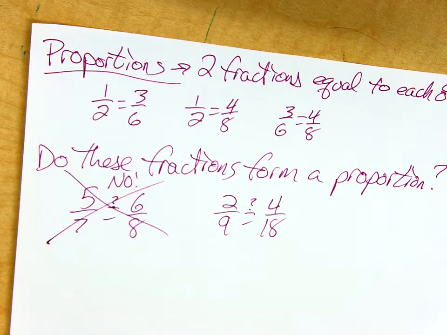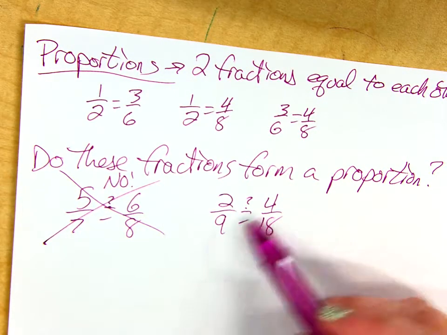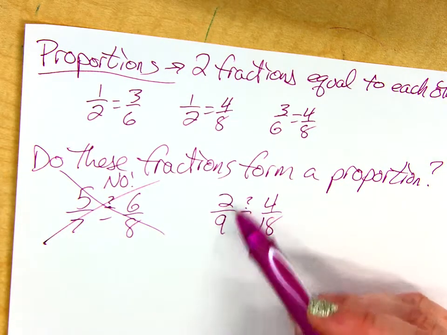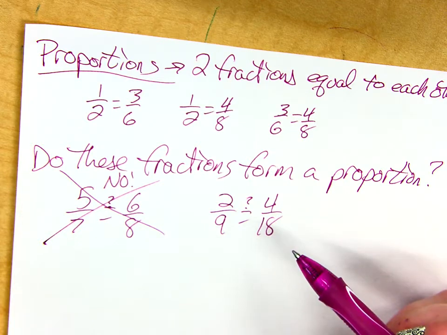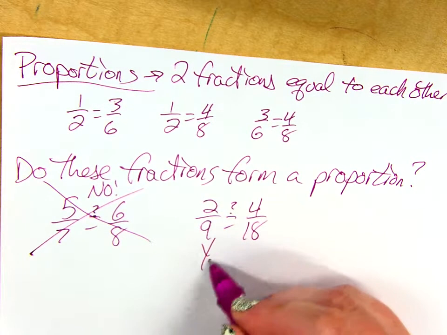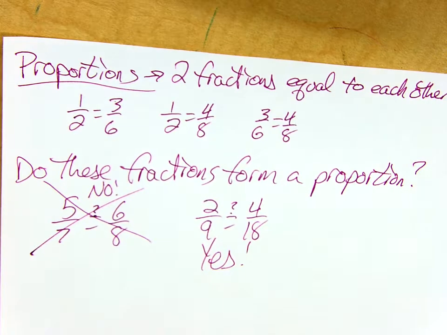Multiply what? Yeah, and do you get the same number? Yeah, this time you do. 18 times 2 is 36, and 9 times 4 is 36. That means, yes, 2/9 and 4/18 really are the same thing. So, yes, these do form a proportion. So that's a nice, quick way to check. Just multiplying those diagonals, see if you get the same thing.